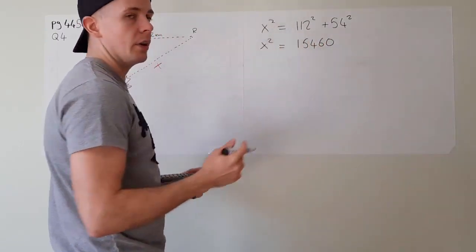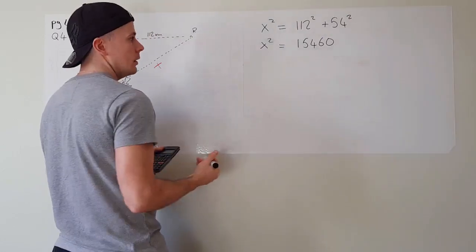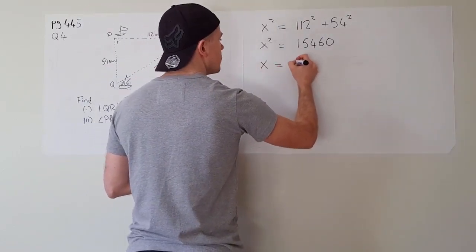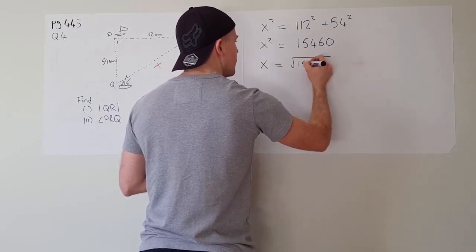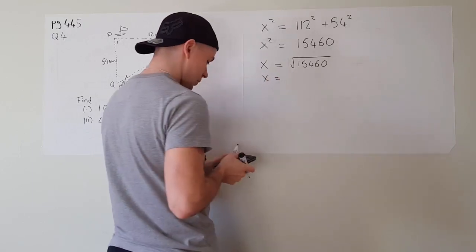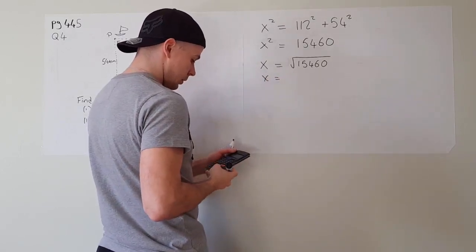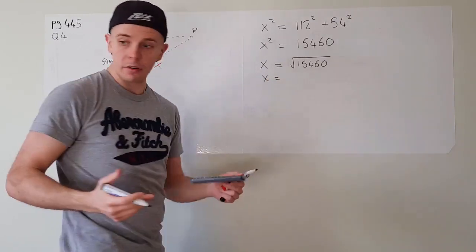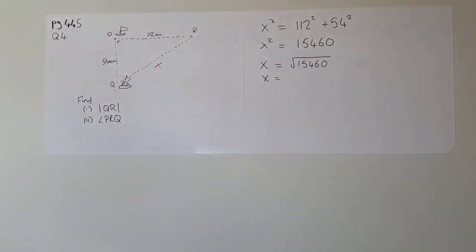Alright, how would I get the length of X? Get the square root. Square and a square root cancel. So the square root of 15460, so X is equal to the square root answer, 124.338, and we're told to give it to the nearest whole number.